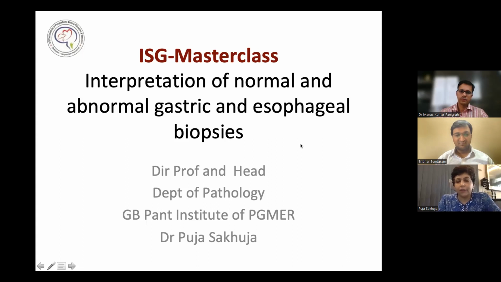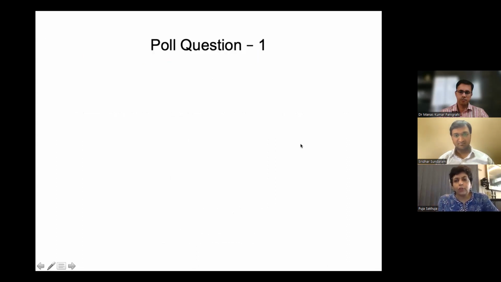And as I believe that my target audience is predominantly gastroenterology fellows or gastroenterologists, I'm going to try and keep this topic to the things that they maybe should know and things that we would like them to know, and how it would make a better correlation between pathology and gastroenterology. So without further ado, let's go to the first poll question, if that can be shared.